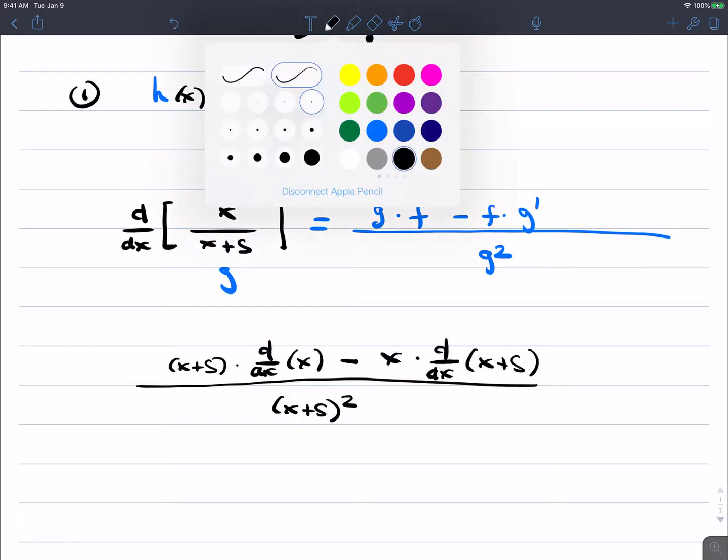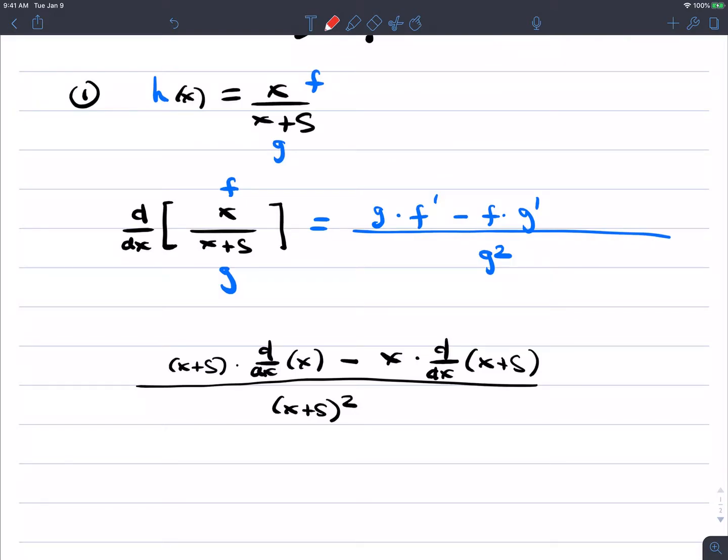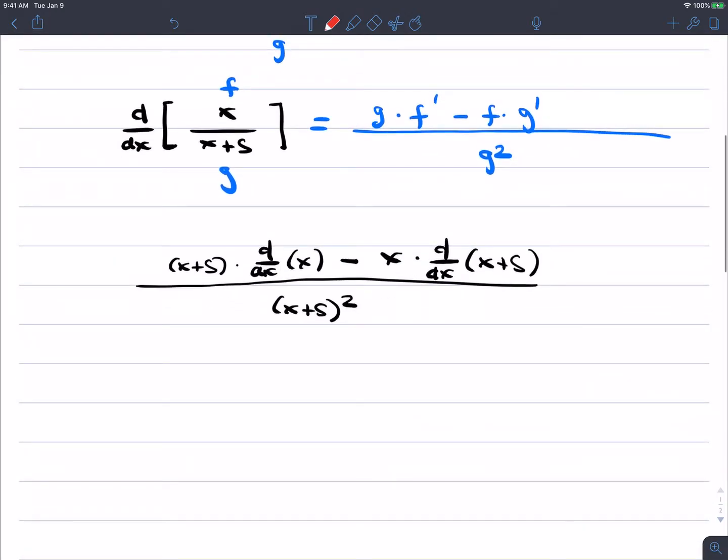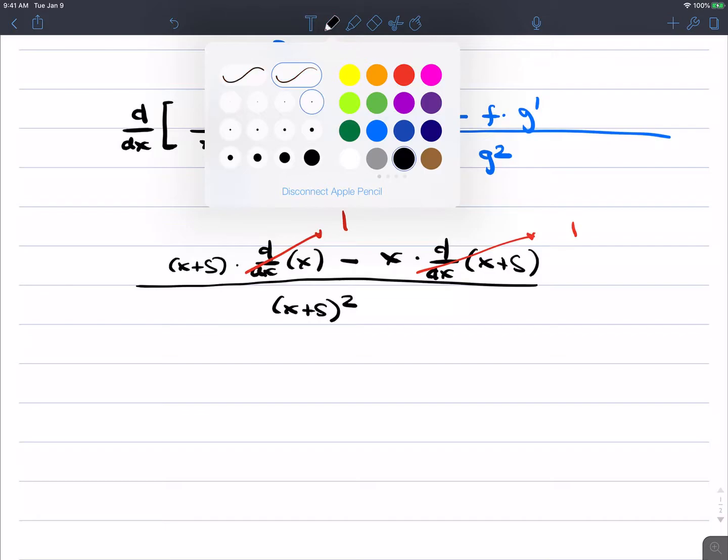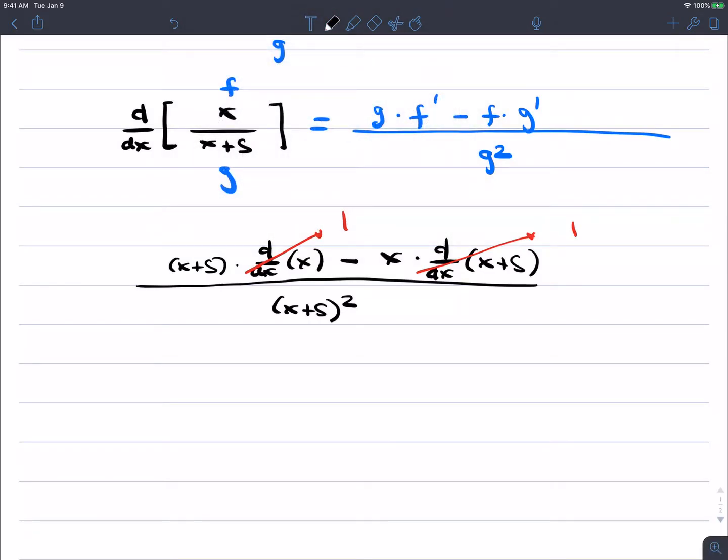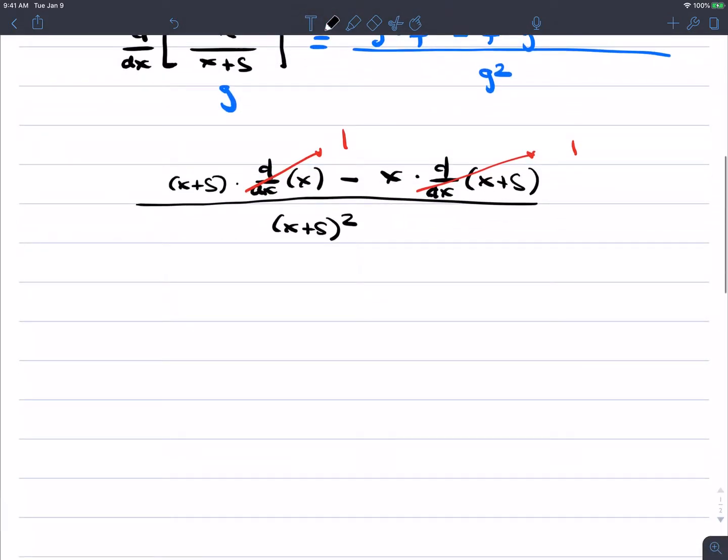And we now have to take our derivatives. So if we differentiate x, that'll be 1. Differentiate x plus 5, that's also 1. We end up with the following. X plus 5 squared, this would be x plus 5 times 1 minus x times 1.